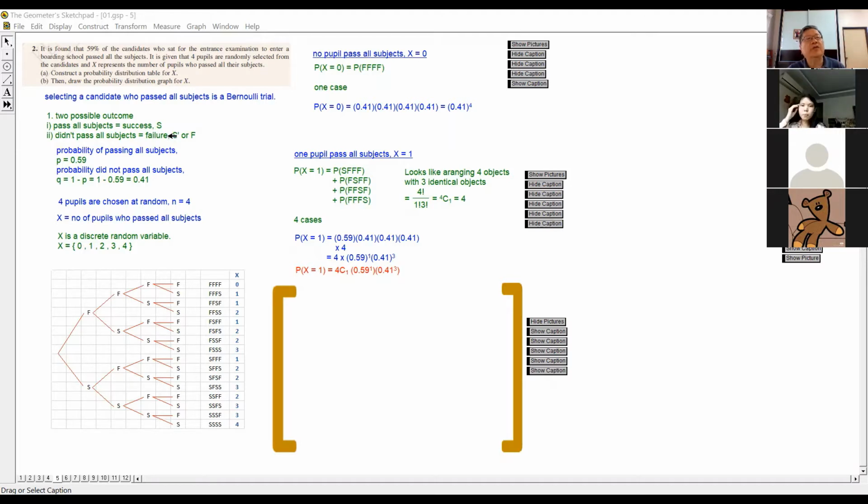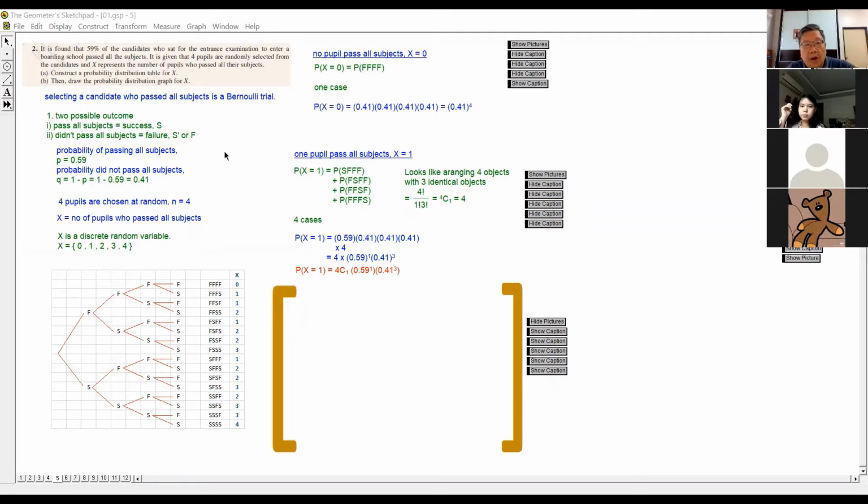So we have two outcomes. This is the Bernoulli's trial. For all the binomial distribution questions, you have to first identify the Bernoulli's trial. In the Bernoulli's trial, there is the probability of success P. In this case, it is passing all the subjects, and the value of P is 0.59.